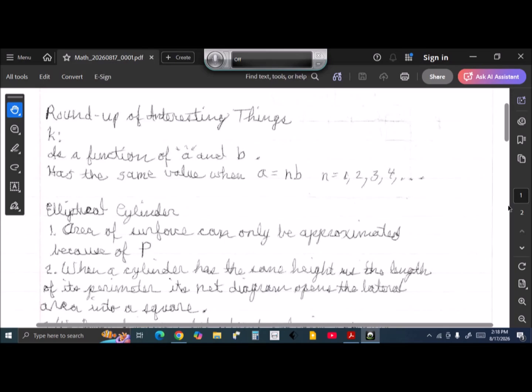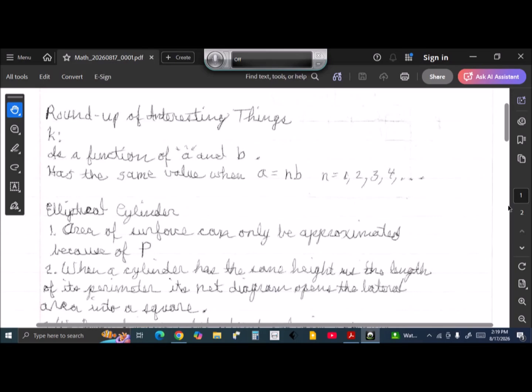If you recall, we did some experiments and found the interesting thing about K is that it is a function of A and B, first of all, and secondly, when the ratio of A to B is calculated, whenever the value comes out the same for that ratio, K will have the same value as well.